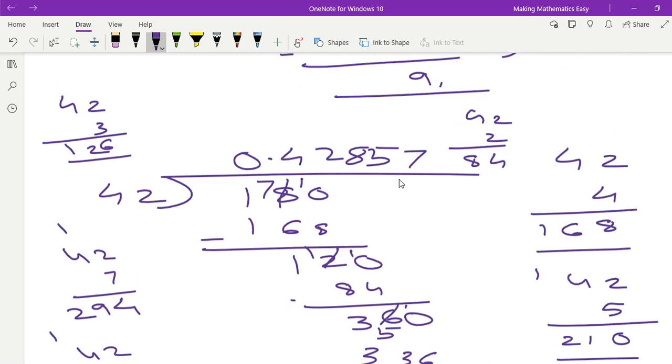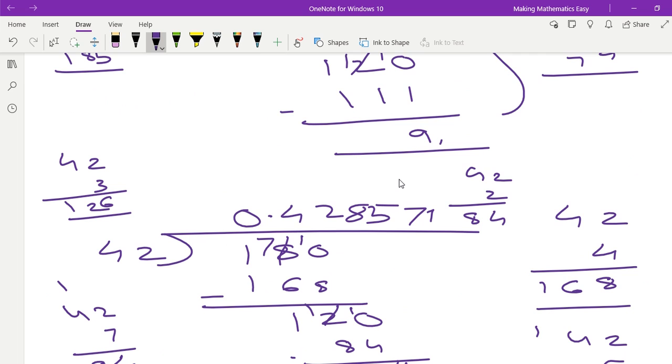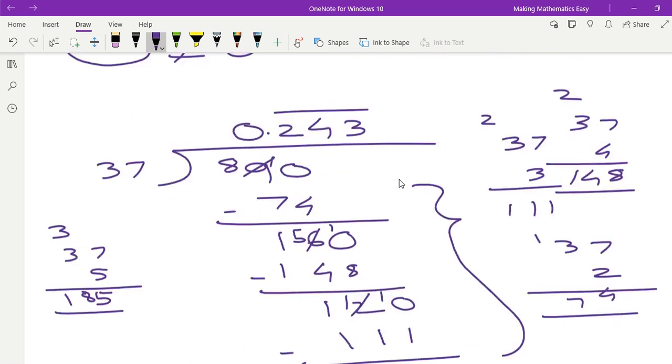Now 42, we need to take 1. Yeah, so this is 42 into 1 is 42.